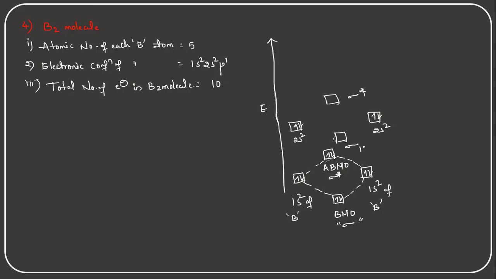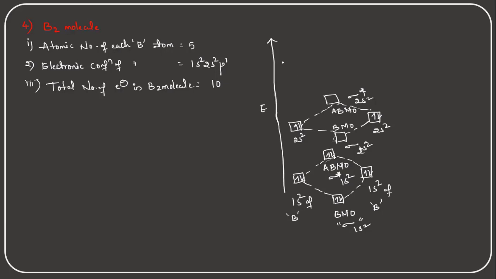Here are 2 electrons and here 2 electrons: sigma 2s2 and sigma star 2s2. So this is the anti-bonding molecular orbital and this will be the bonding molecular orbital. So this will be a BMO and ABMO, right?